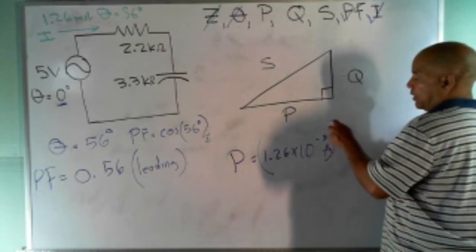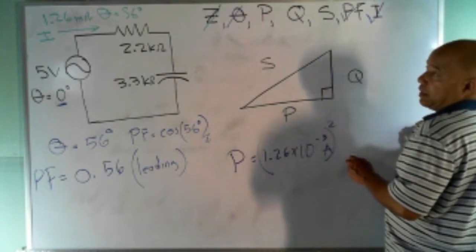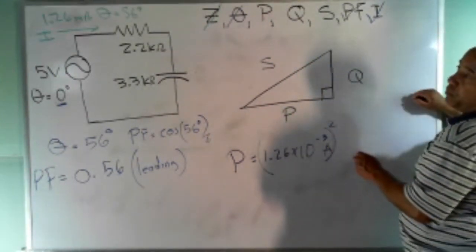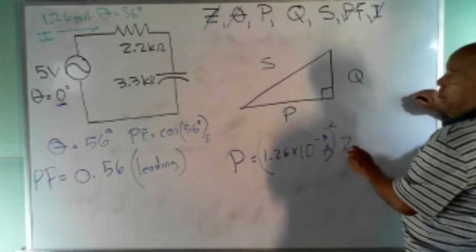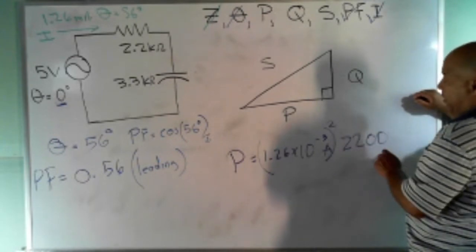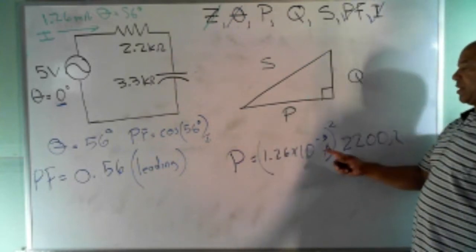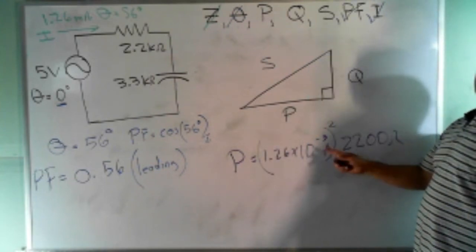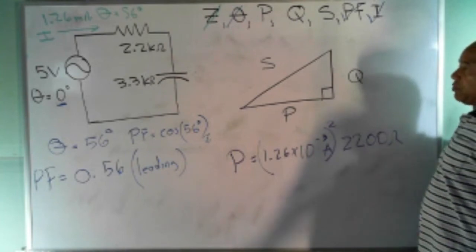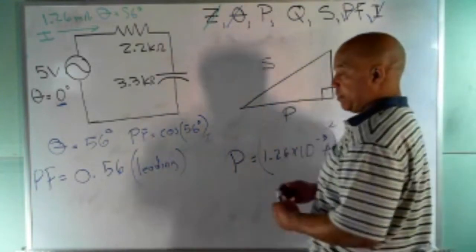I've got to square that and then multiply by 2200. Let's do it that way. So do this: 1.26 times 10 to the minus third, squared, times 2200. Give me the value for P.